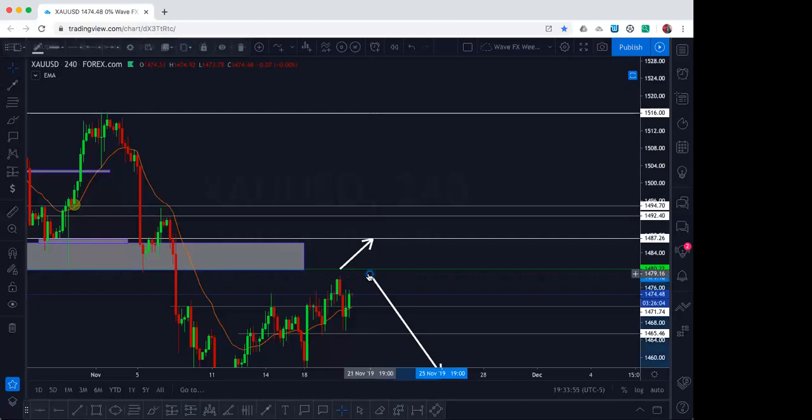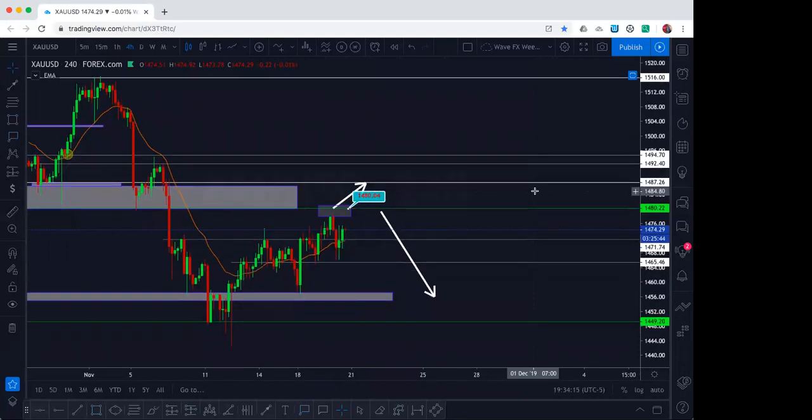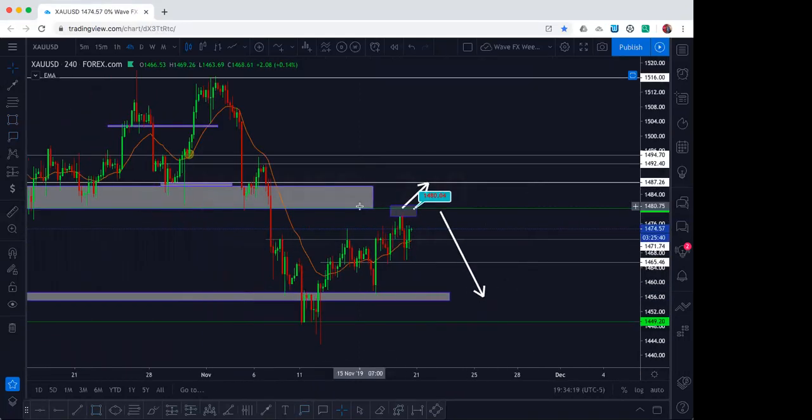So that's the overall zone if we get a close above this area, which is 1480, right? So that's what we would be looking at. So your key area now to be looking for the market is 1480, and then we try to get any sell signal to send the market down to 1450.